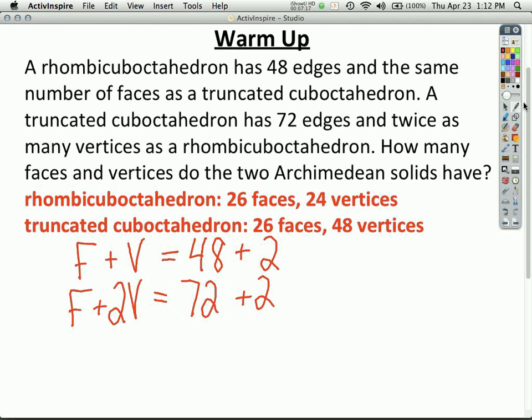Solve the system. Valerie, did you do the same thing? You did. How did you solve the system from this point? Say it again. V equals what?